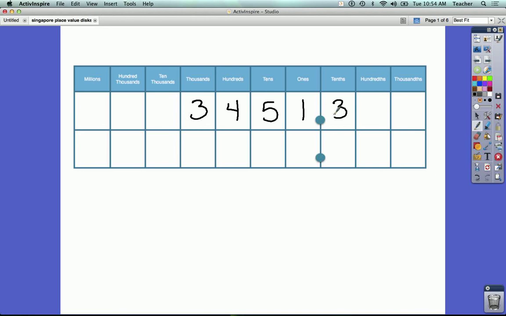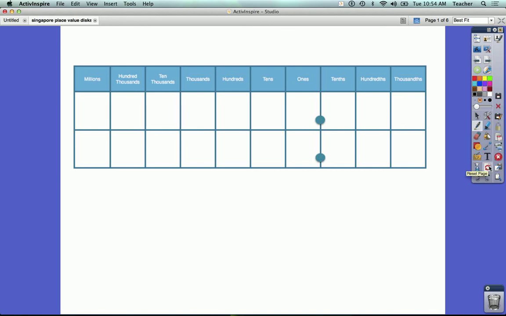There's 1 zero, so you move the 3 over by 1. If we multiply by 10, we have 1 zero, so we just go over 1, right? So every single number moves, and that answer would become 34,513.